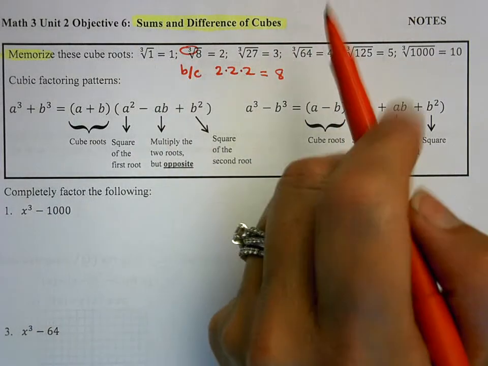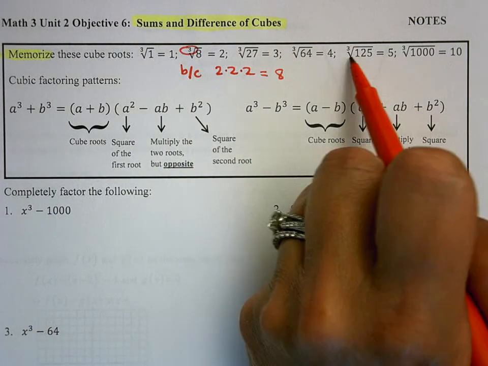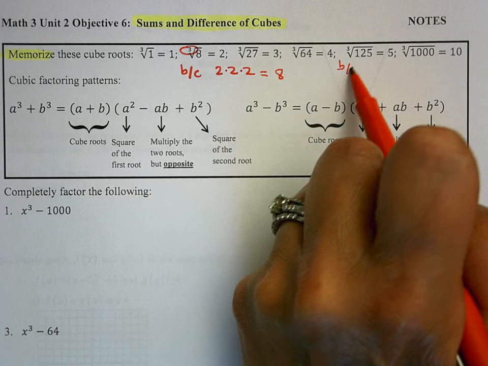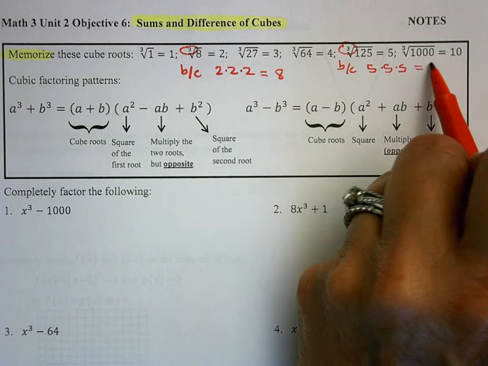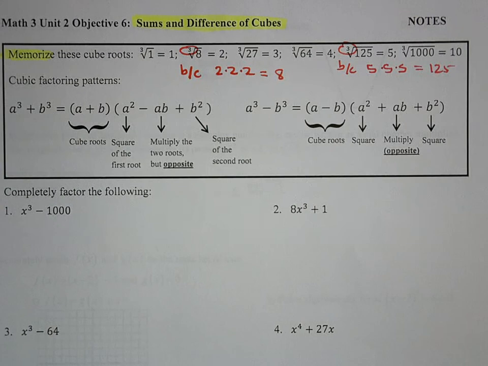Or for example, the cube root of 125 is 5, because if I multiply 5 by itself 3 times, I would get 125. So we need to make sure that we are memorizing that.